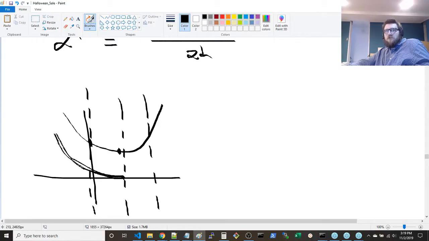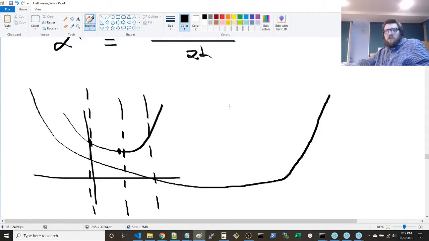If you hit this alpha, or even if you just hit, like what if you go past this point and you still hit 0? Yeah, that's what I'm missing. Something like this, much wider, kind of a thing. No, I'm wrong.